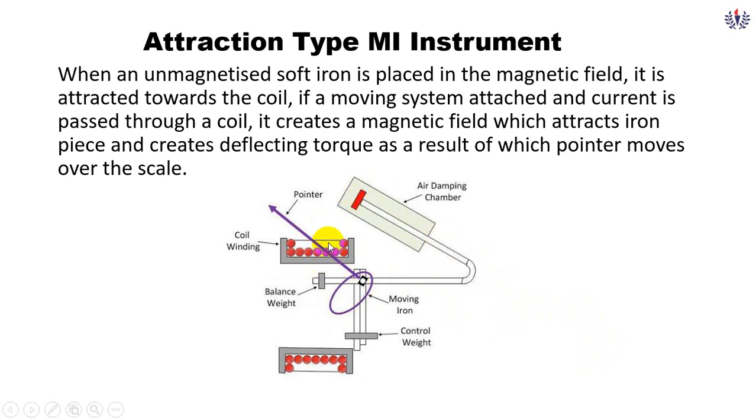When the supply is given to this coil, it acts as a magnet and tries to attract the moving vane based on the value of the current or voltage flowing in it. Here we are using it as a voltmeter, sorry, ammeter. Based on this current, the force of attraction will be there, based on that the deflection will be there, so we can measure that.